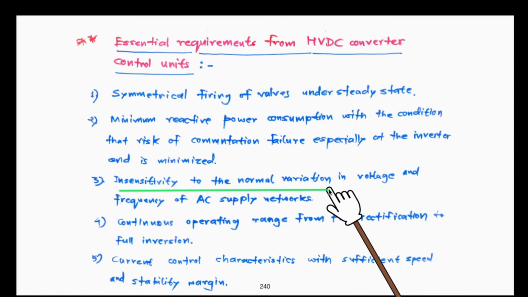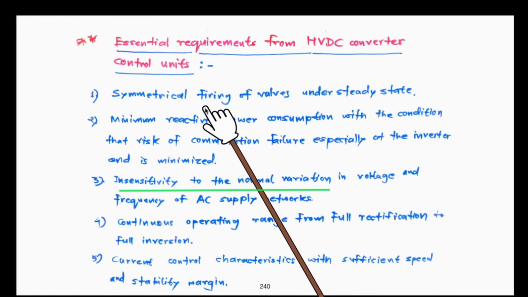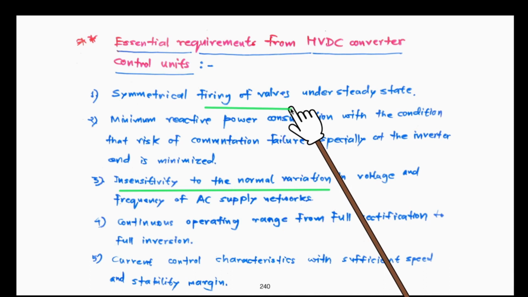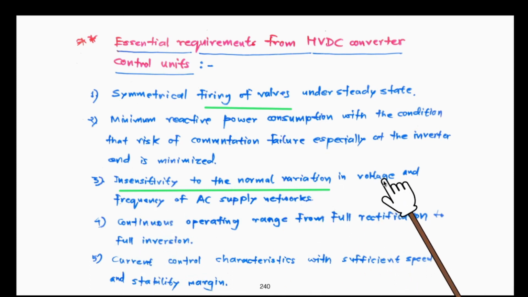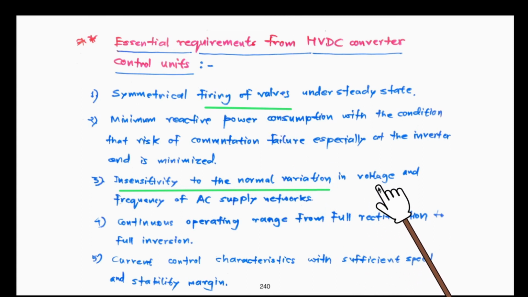If loads in the AC network are switching on and off, then it is always possible that some variation in the frequency and voltage will be there, and the firing angle of the thyristor is closely associated with the frequency and voltage waveform. So if voltage and frequency change slightly, the firing angle will also be affected, because the firing angle completely follows the commutating voltage waveform. Only when the voltage is available will the firing angle be set.